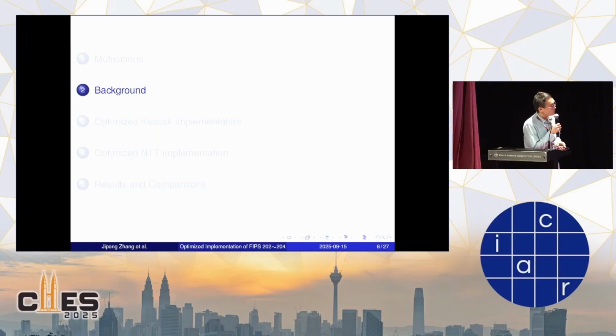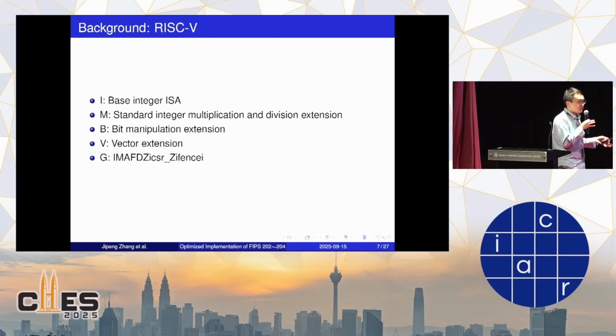And then background. This is the basic introduction to the RISC-V ISA. Here, I represent the base integer ISA, M for multiplication and division, and also the B extension and V extension. We often use G to stand for a collection of several extensions.